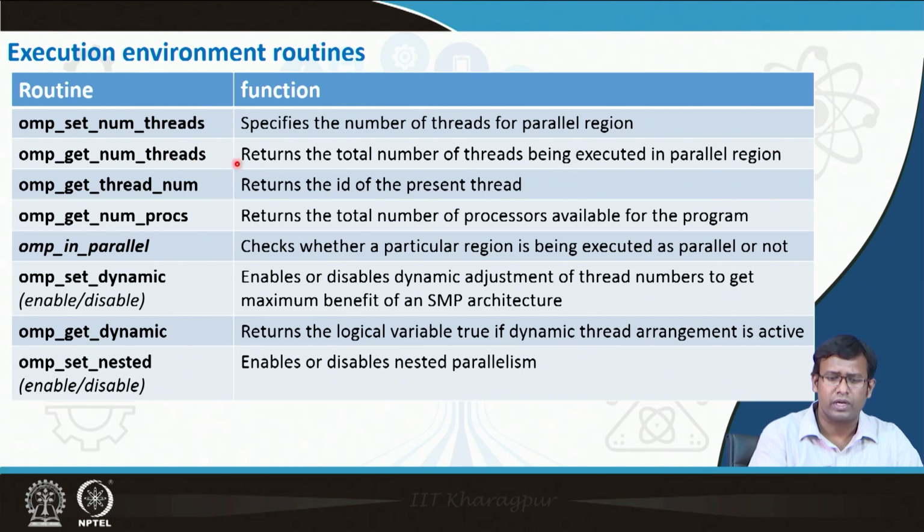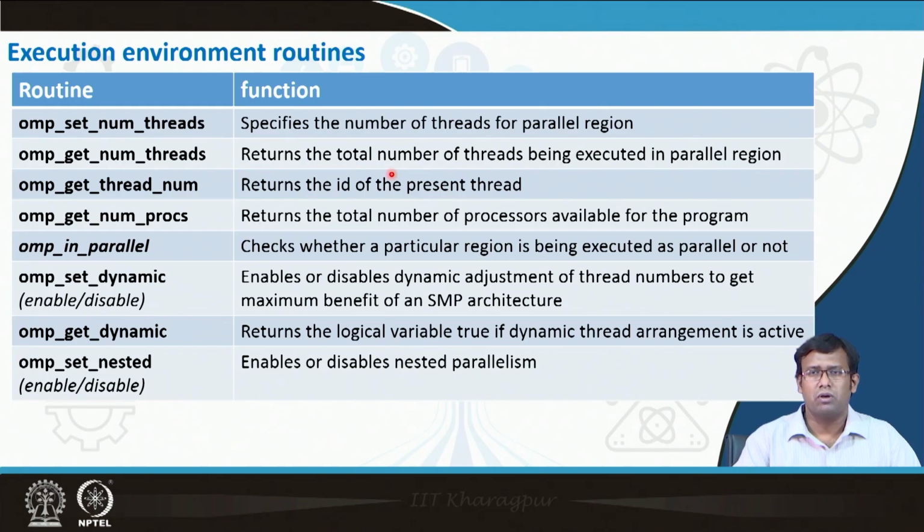So if you call the function OMP get num threads, it will return the number of threads. Also, the number of threads is not the same as the number of processors. We have seen that the number of threads is many times more than the number of processors.